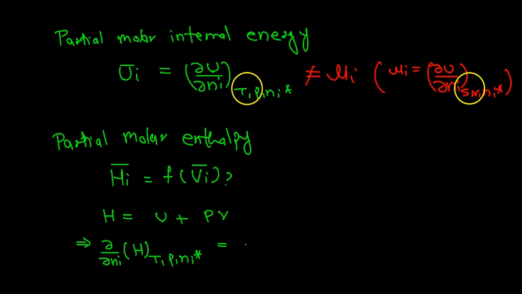So what I get is del by del Ni of U plus PV at constant T, P, Ni star.